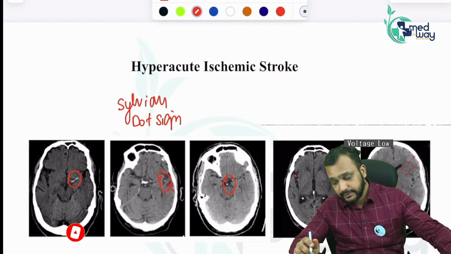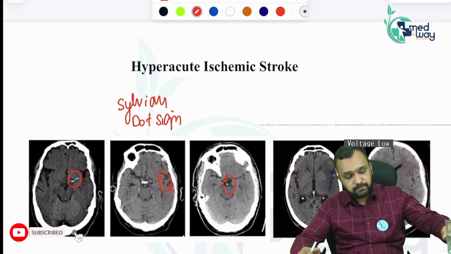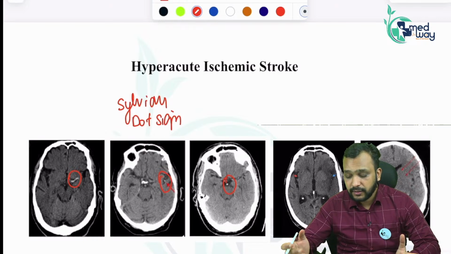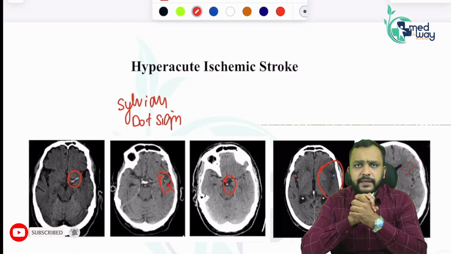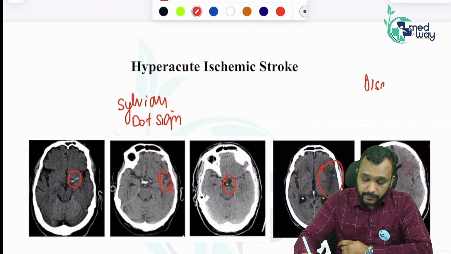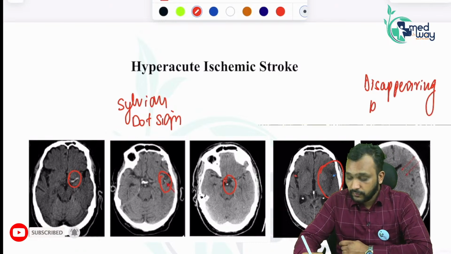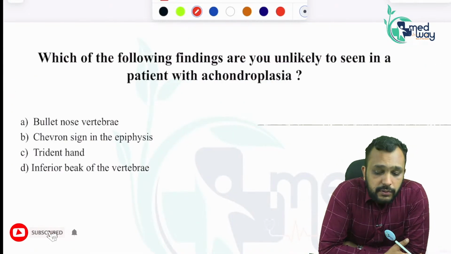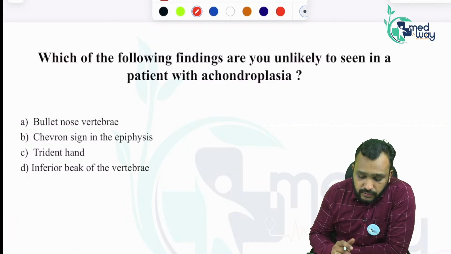You can see that this insular cortex, normally the insular cortex is visible in a normal patient, but when this insular cortex is not visible separately, this is loss of insular ribbon sign. And the last sign is disappearing basal ganglia sign. So few important signs that you should remember as far as hyperacute ischemic stroke is concerned.